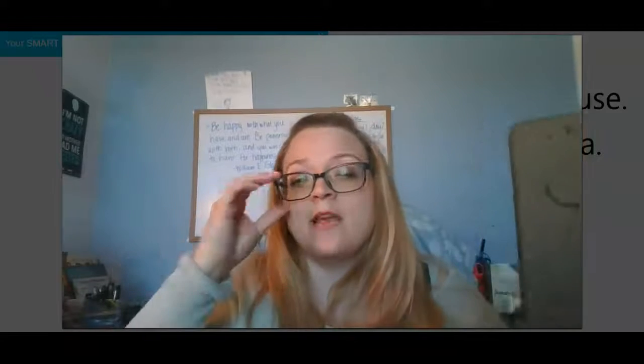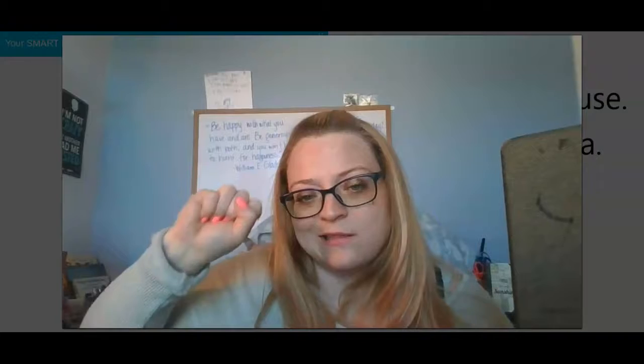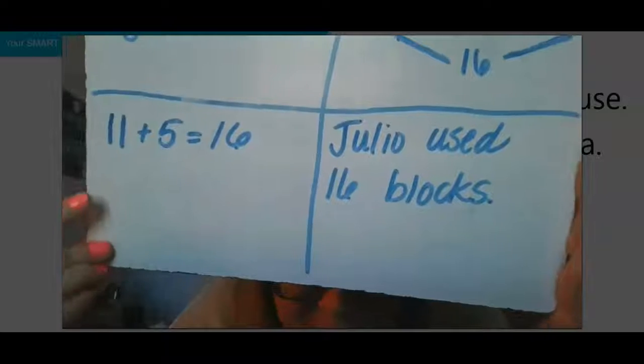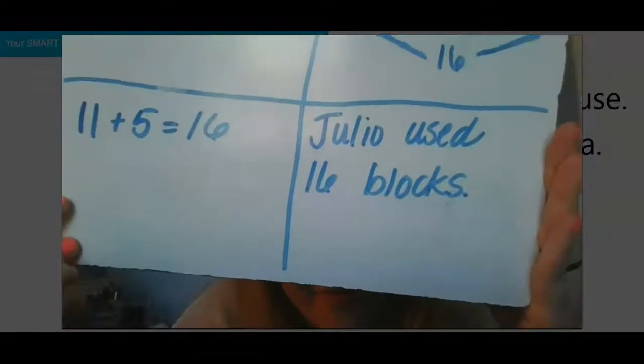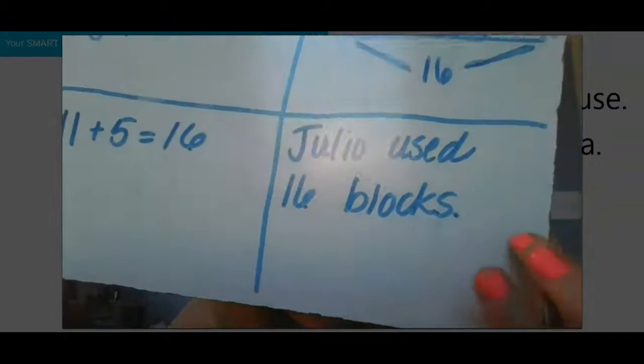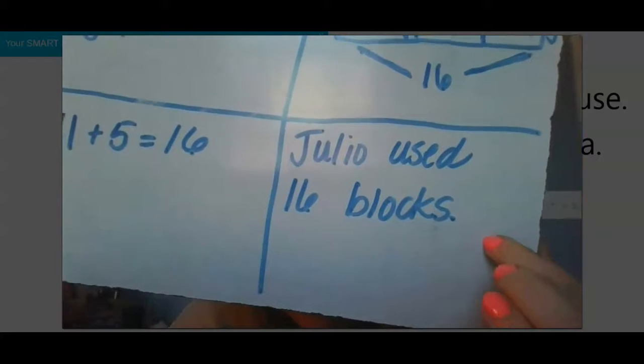Make sure it starts with a capital and ends with a period. All right, you ready? Dun, dun, dun. Our number sentence is 11 plus 5 equals 16. And our sentence is Julio used 16 blocks.